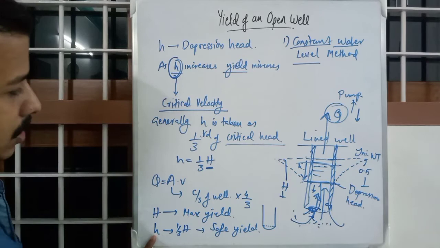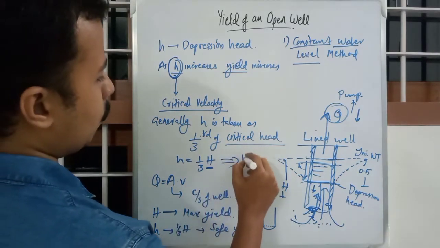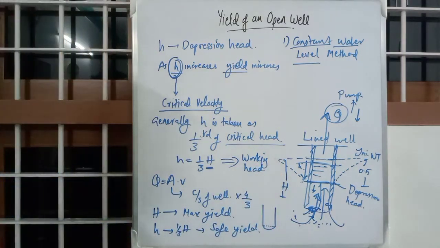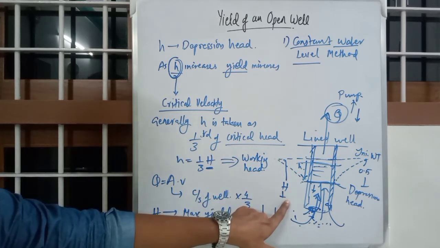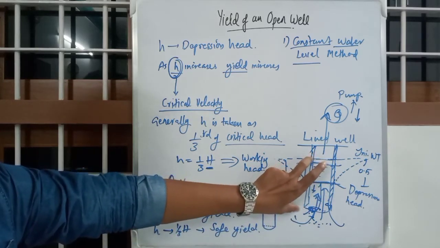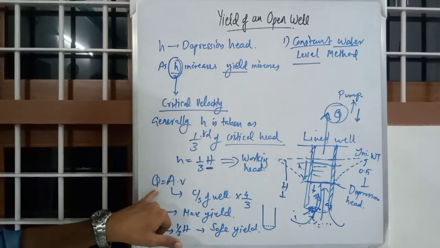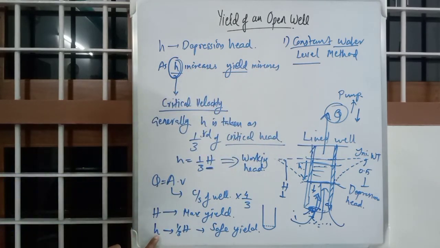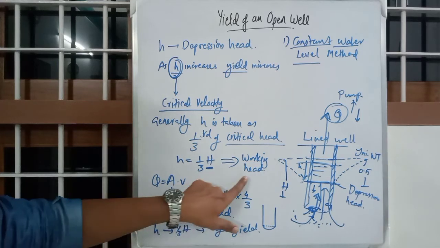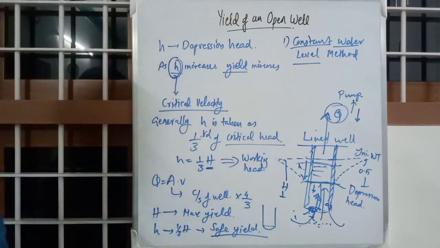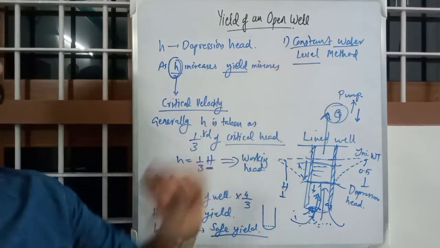This small letter h is known as working head. Okay, so capital H is the critical head. If you are providing capital H in this constant water level method, you will get maximum yield as output Q. If you are providing small letter h or working head, you will get safe yield as pumped out quantity. So I hope it's clear. That is constant water level method.